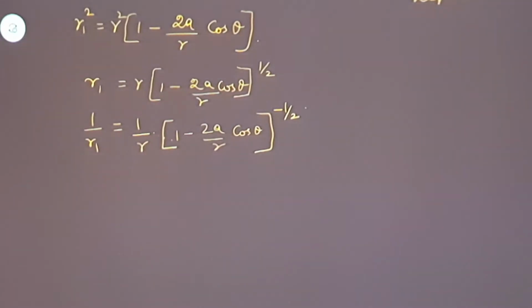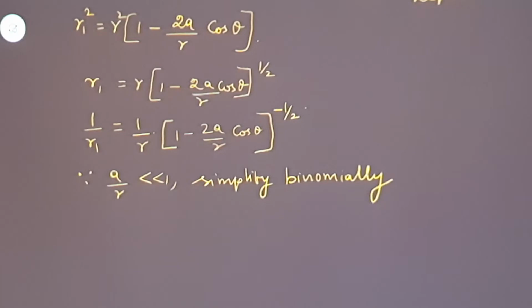I have to simplify this using the binomial expression, since the value A divided by R here is found to be very, very less than 1. Simplify binomially. That also you have studied in your 11th standard.